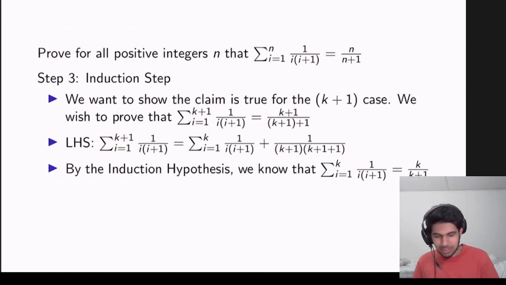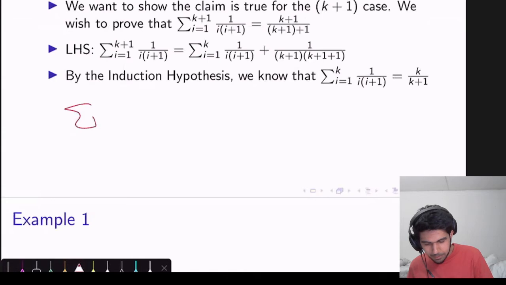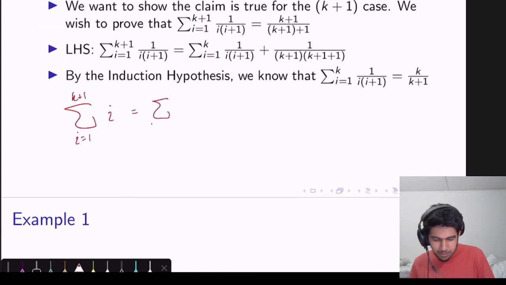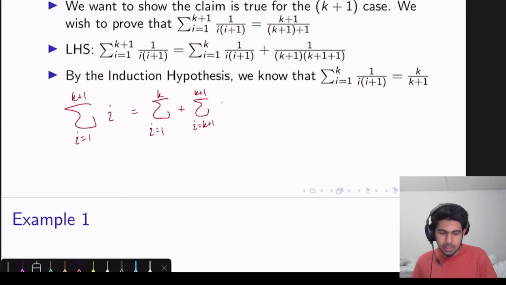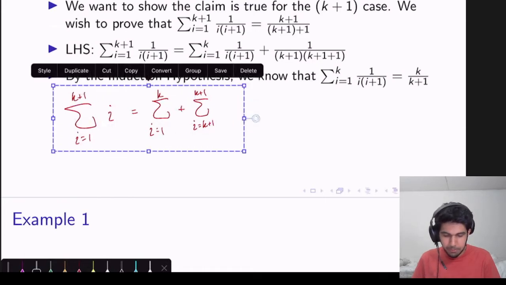So, in other words, the summation from i equals 1 to k plus 1 of just something is equal to the summation from i equals 1 to k plus the summation from i equals k plus 1 to k plus 1 of that thingy, right? Just by how summations work, because we're just adding up things, so we're just removing one element and adding it on later. So that's the idea that we'll employ.